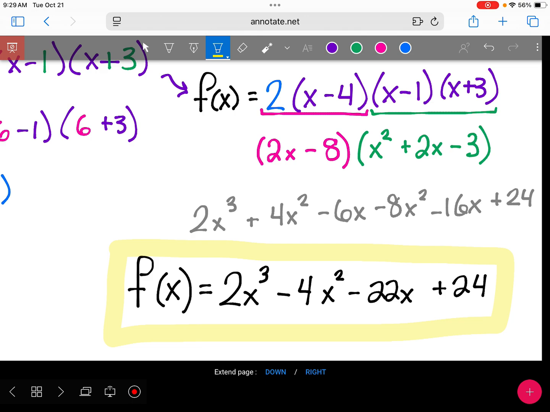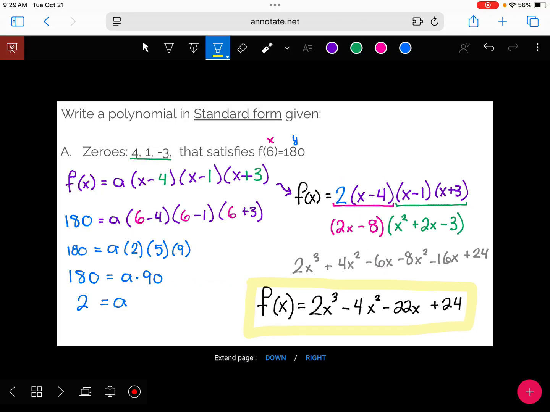So we went from a straight out list of zeros and 1 point to the whole equation. Questions on this one? I know it's a lot.